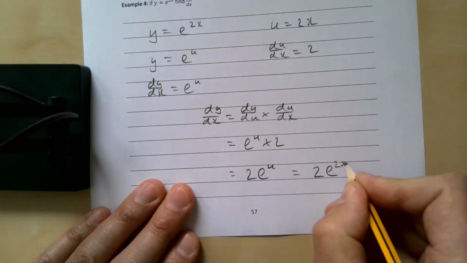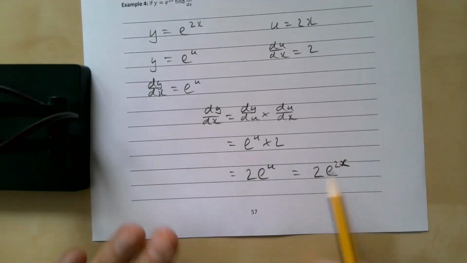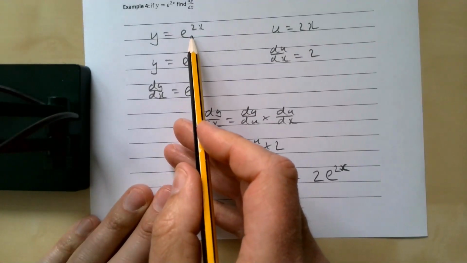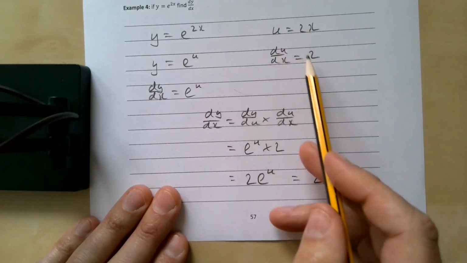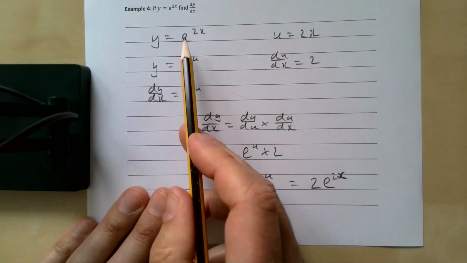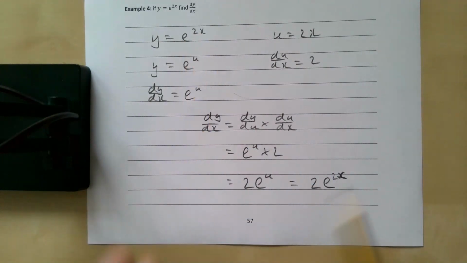Again, I hope you recognize that rule from previously. If you differentiate e to the 2x, you get 2e to the 2x, and that's why it works. The general form of that is you're differentiating e to the kx, and it gives you k e to the kx.